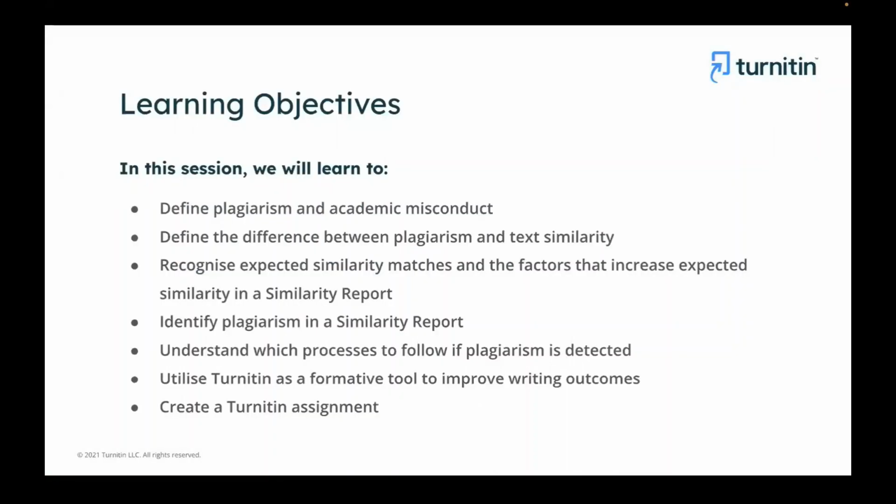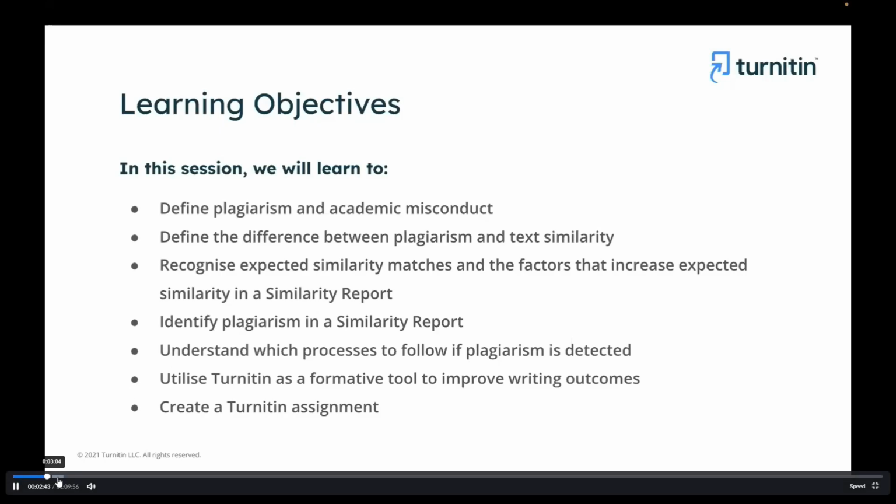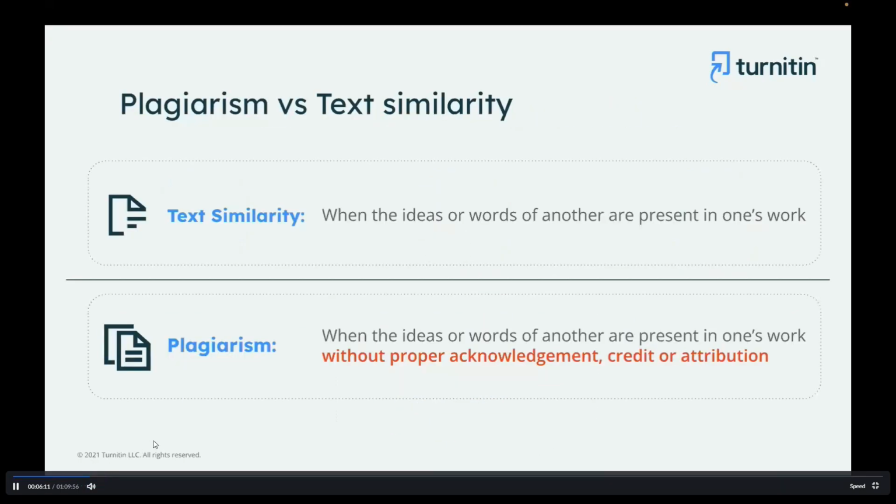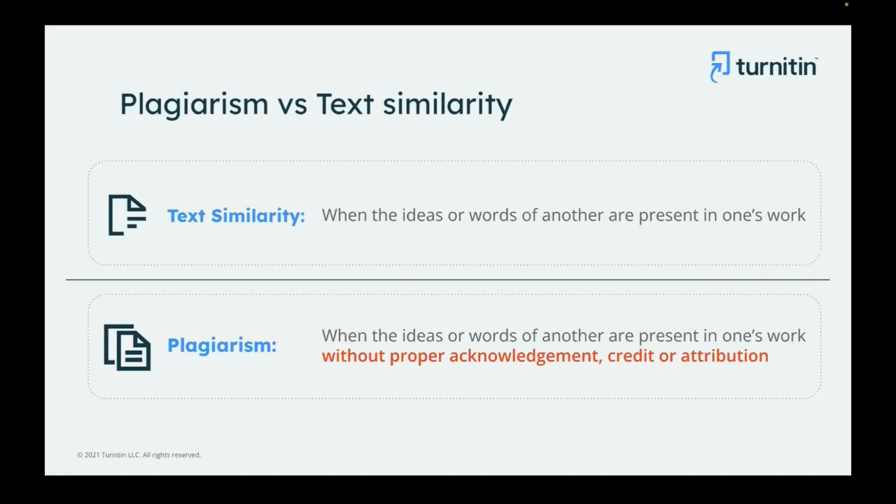So the learning objectives for today: we will talk about the difference between plagiarism and text similarity. When an idea or words presented by you is matching somebody else's work, it is called text similarity.